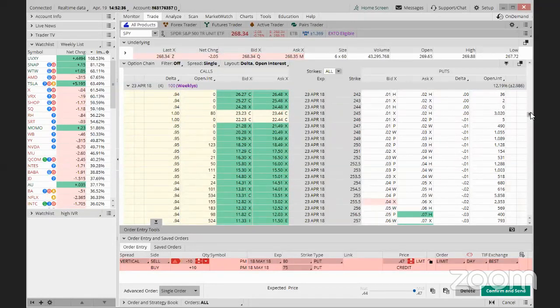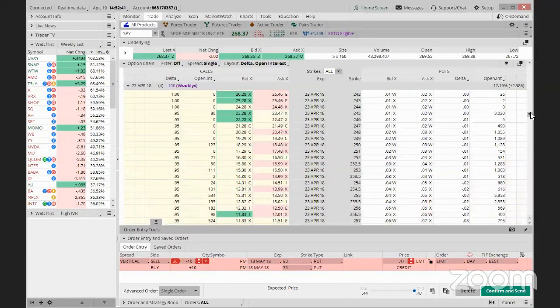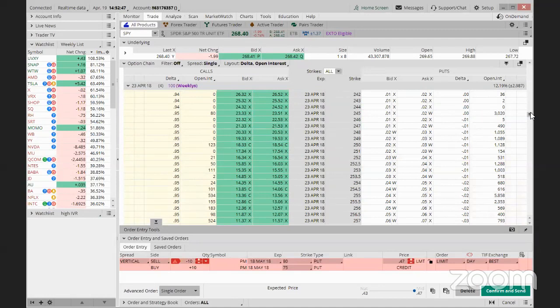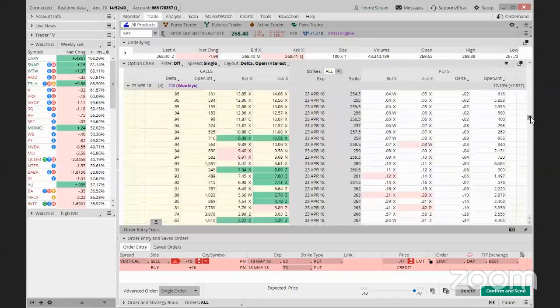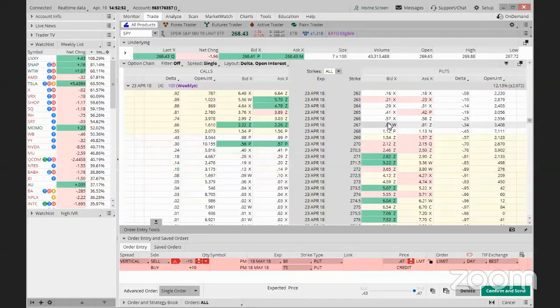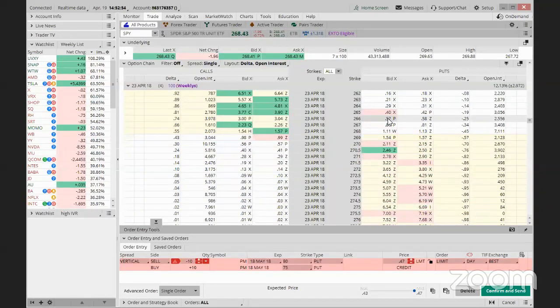So let's just hypothetically say it sets up tomorrow. I'm still looking on the hourly chart, and the 266s might be great. And just the prices right now, the 266 for Monday is 57 cents.